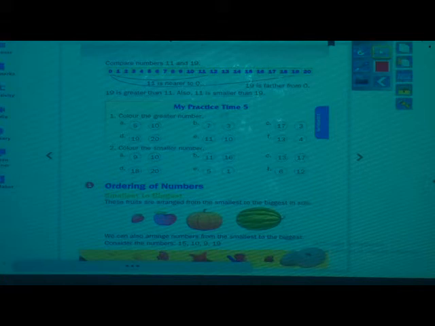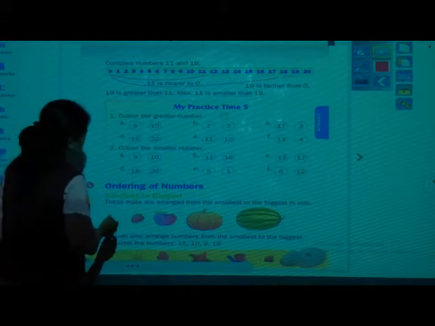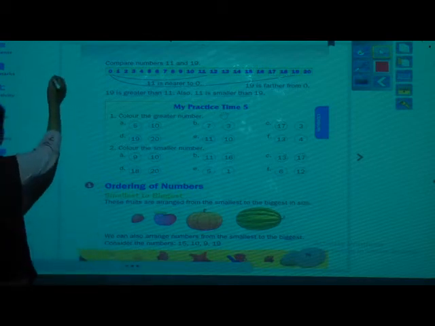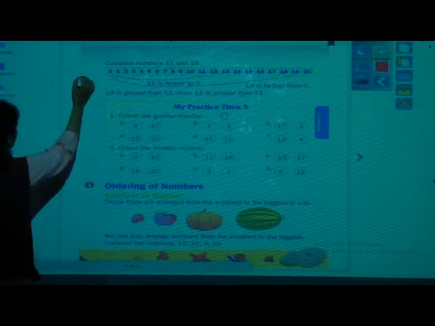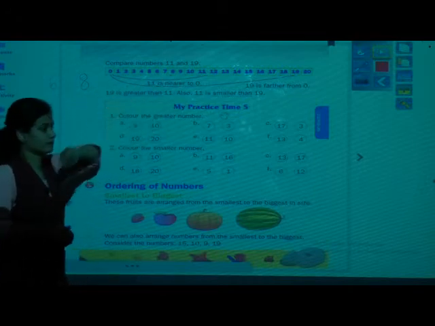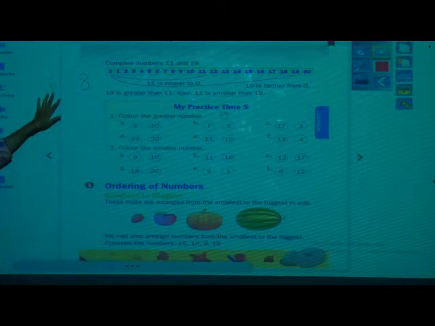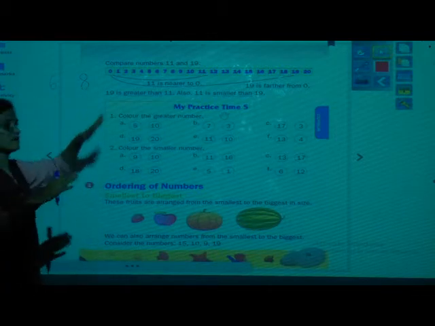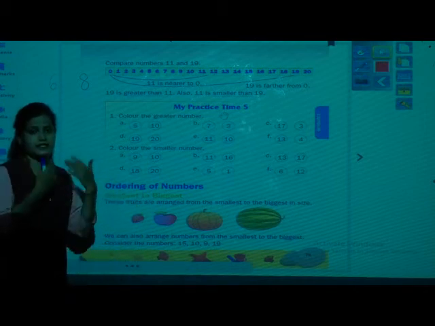One more example I will show you. See, I will write here 6 and 8. Now tell me which number is greater. Use the number strip here. Which comes first? Tell me. 6. So 6 is smaller and 8 comes later, so 8 is greater.